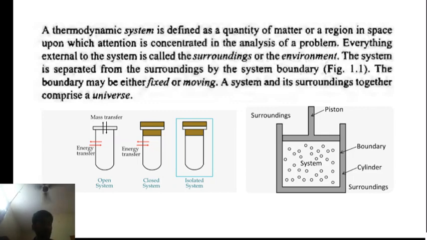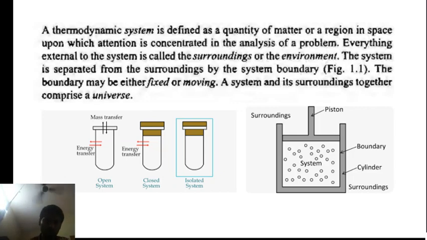Once it starts boiling, the water molecules evaporate and go into the space. That means water molecules are going out, so there is a mass transfer. As you can see, in the direction I have shown, it is open, so the water will go out, and of course there is an energy transfer as it is open, not insulated. So this is the first point, the open system.